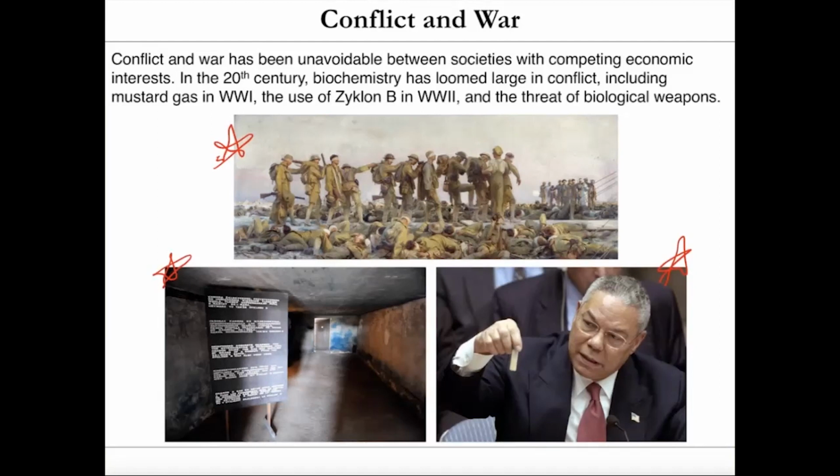He's holding up a vial of anthrax, which is a naturally occurring bacteria, but can be weaponized as a biological threat. So the threat of biological weapons is a huge topic nowadays. Biochemistry can definitely influence different conflicts and wars, and we'll talk about this more as the course goes on.